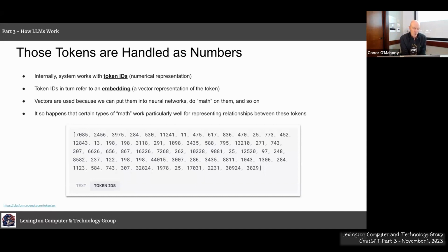And it so happens that certain types of math work particularly well for representing the relationships between tokens when they're in vector form. So I'm going to really dive into this now for a few minutes because it's quite important. But before I do, I'm going to jump back out, and I'm going to go to the link that's on this slide.